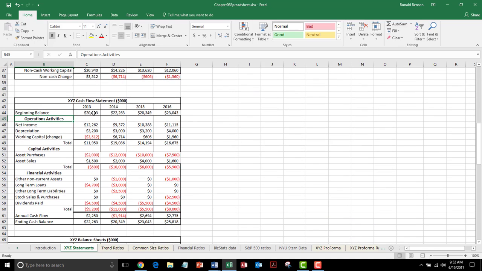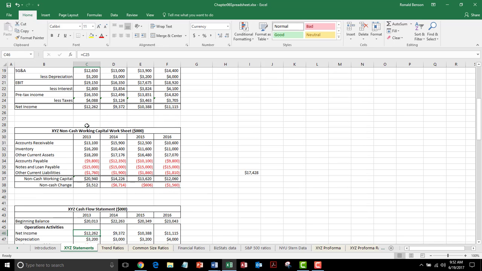We have a beginning balance, which is carried forward from the previous year, 20,013 thousand, and so forth. The first year is given, and then we calculate the remaining ones. This 22 is the 20 million plus the 2,250,000 cash flow, and it's simply copied up here to start this year.